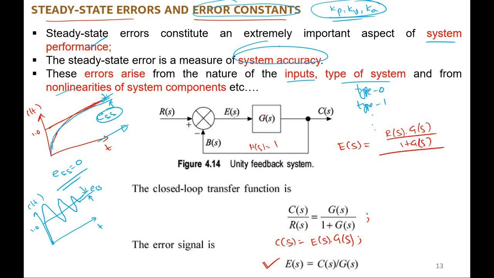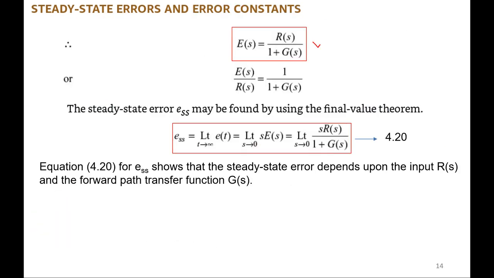This is my C of s, right? Then E of s is R of s into G of s divided by 1 plus G of s, divided by G of s. So G of s will get cancelled. So what I am getting, E of s is equal to R of s divided by 1 plus G of s. The same thing has been written in the next slide, right? So the error signal E of s is equal to R of s by 1 plus G of s.